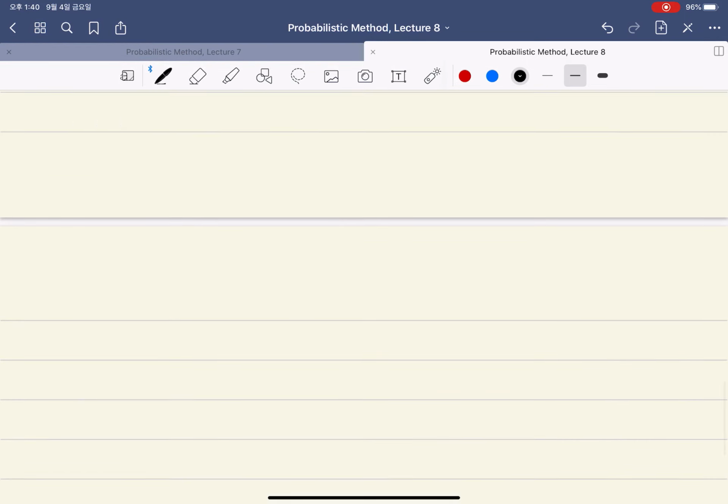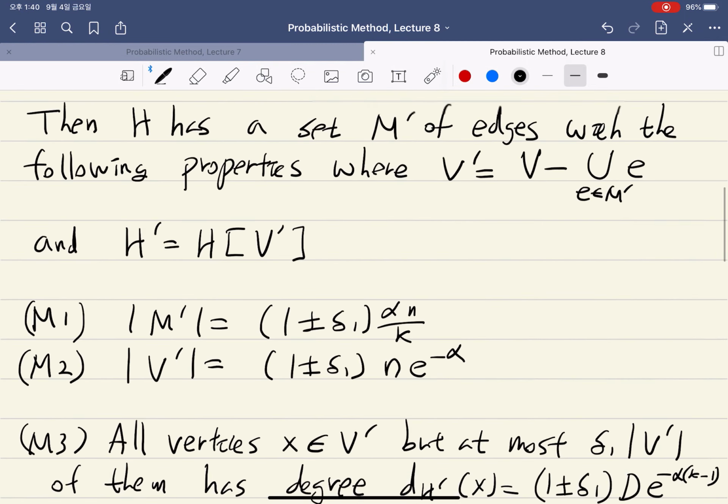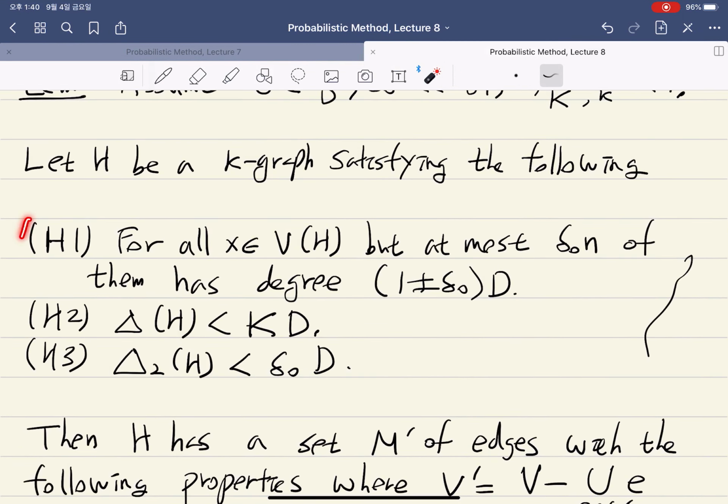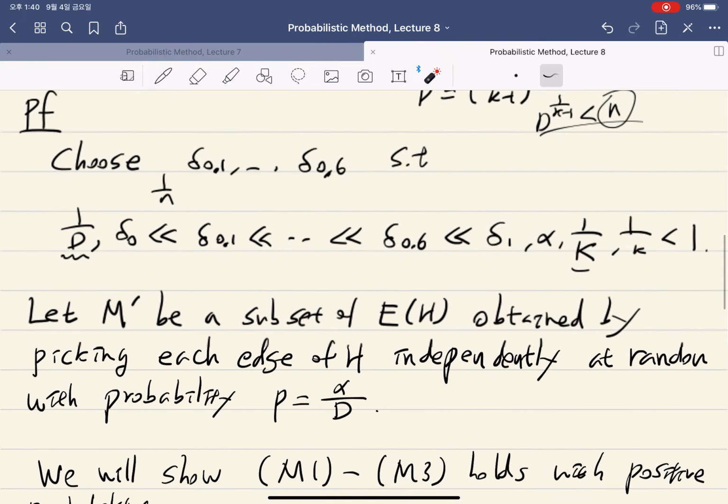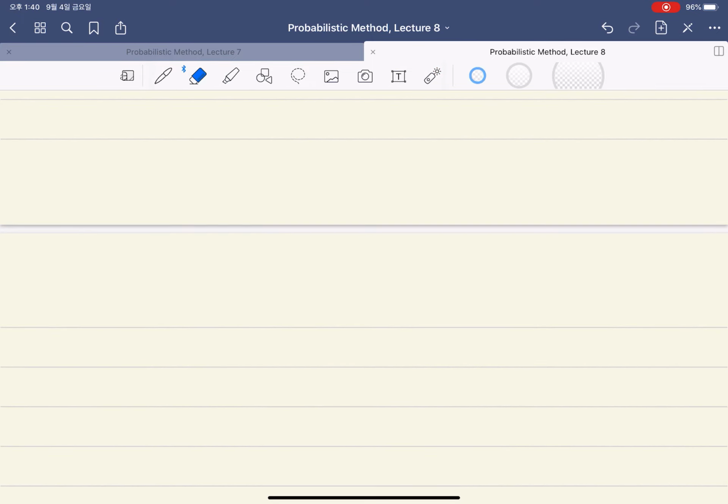So now what do we know? There are two types of vertices: vertices with a correct degree, and vertices that could have a wrong degree. So we give names.